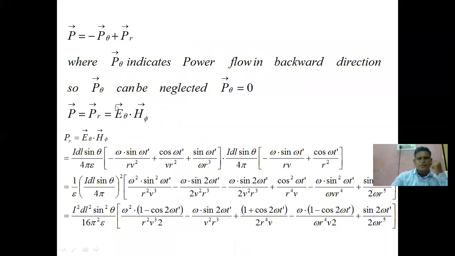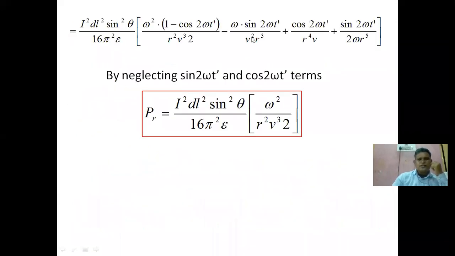That's why PR is equal to E theta multiplied by H phi. Earlier, we already computed this E theta and H phi in our previous section. Now simply substitute and multiply these two terms. This is the expression we are getting here. Now, here also you can see we have sine 2 omega t and cos 2 omega t terms.